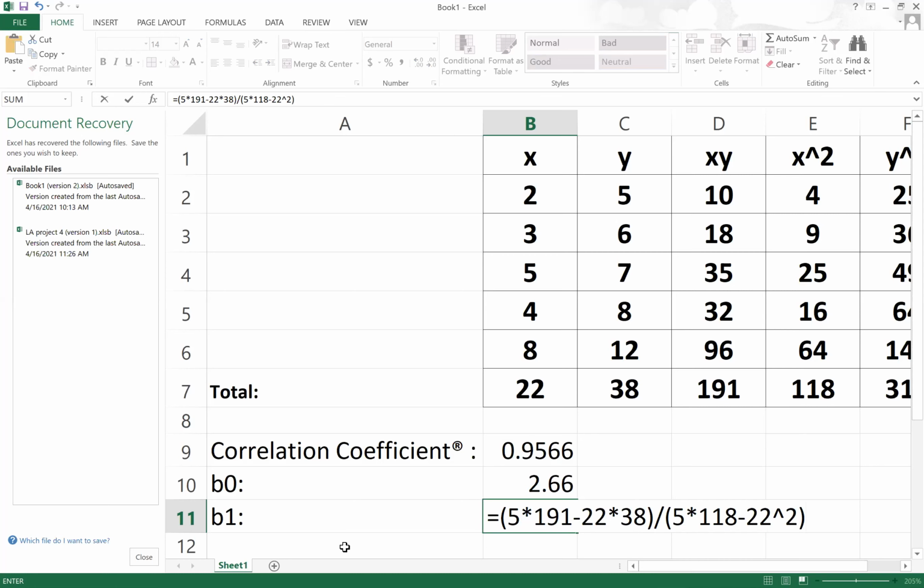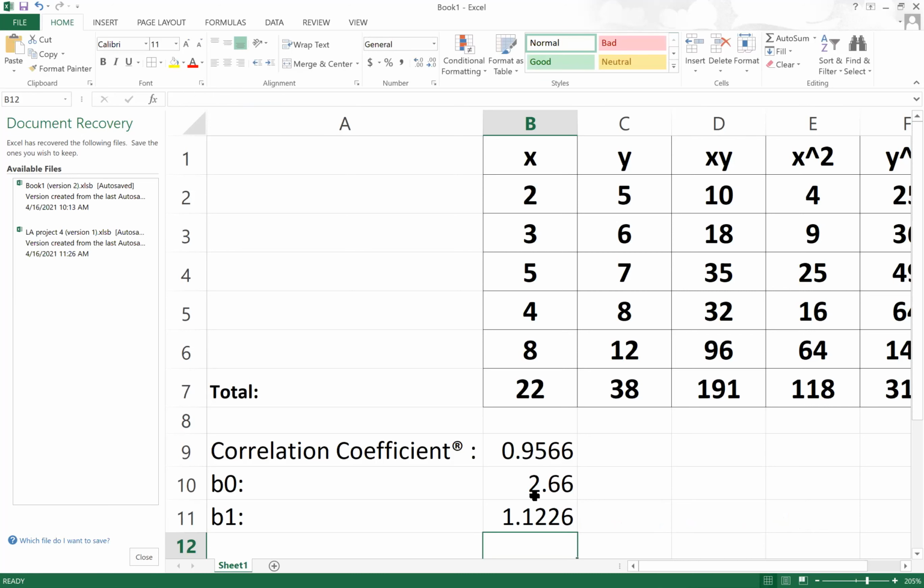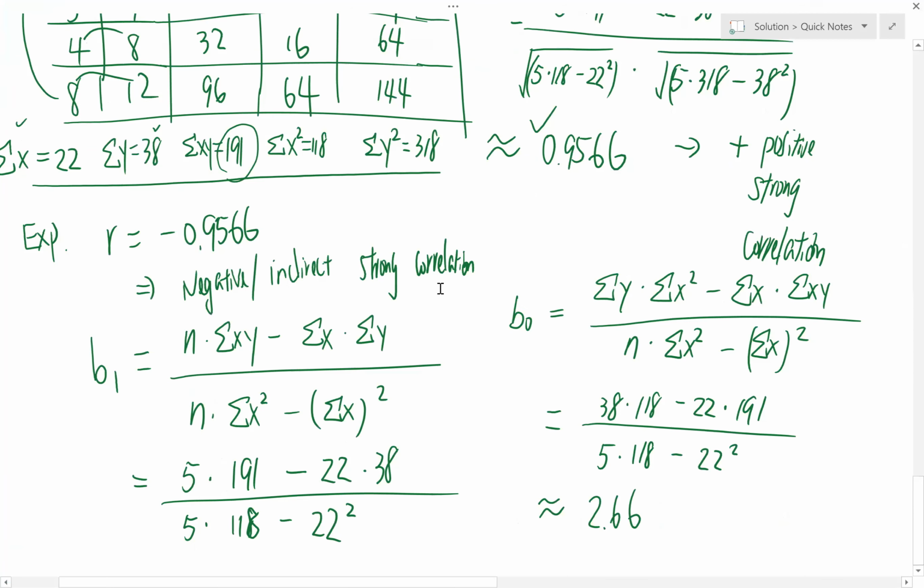It's the exact same thing as the handwritten note. Once you have that ready, hit enter. So we get 1.12. Let's shrink it down to 2 decimals to keep it consistent. So B1 is 1.12. Go back here, so B1 turned out to be 1.12.